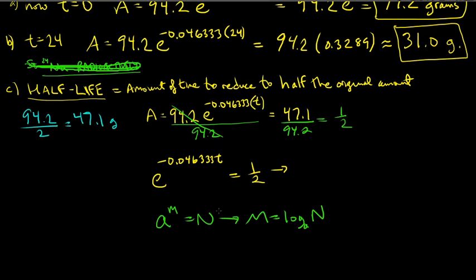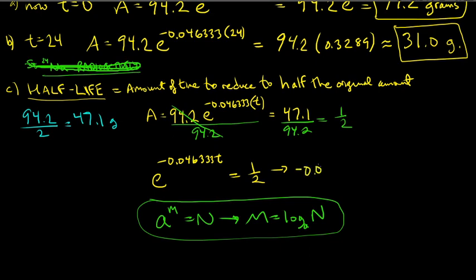Again, at some point you really should know this, because if you don't, you're either going to have to look it up, and that could take a lot of time, or you're going to run into a lot of trouble here, because it's the only way I know how to solve this. Or take the log of both sides, but it's the same principle.